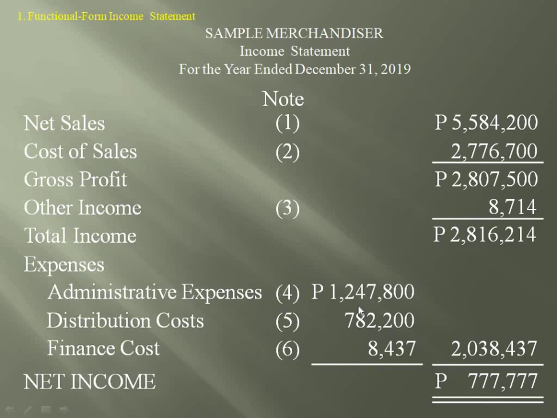That is why the amount of each of these three is written not on this second money column, but on this first money column. Only the total of these three is extended to the second money column.